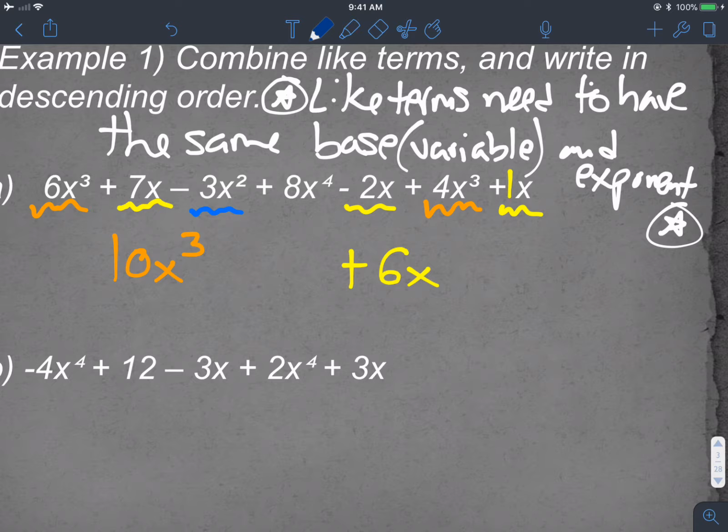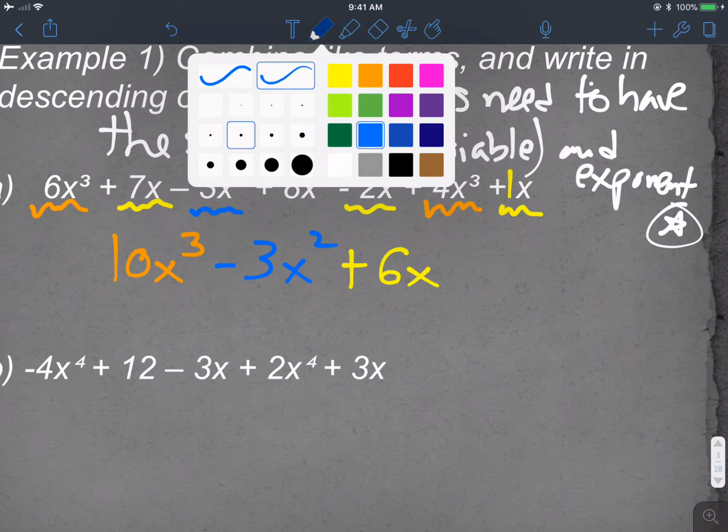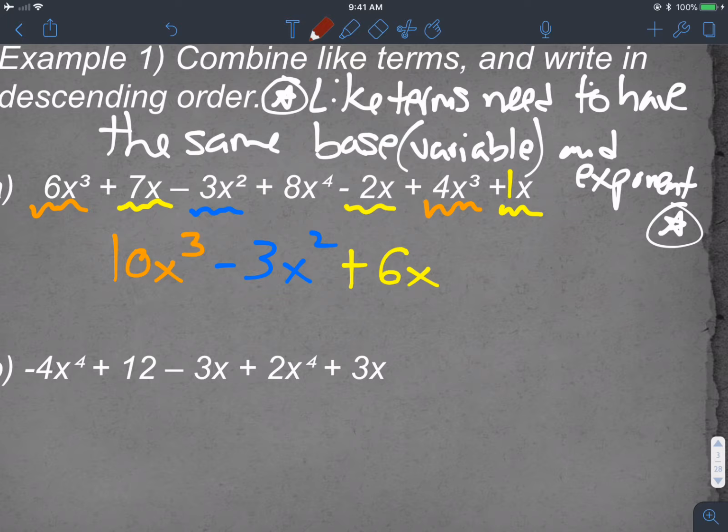Anything go with the negative 3x squared? No. So that just stays by itself. And then eight x to the fourth is by itself, all right?